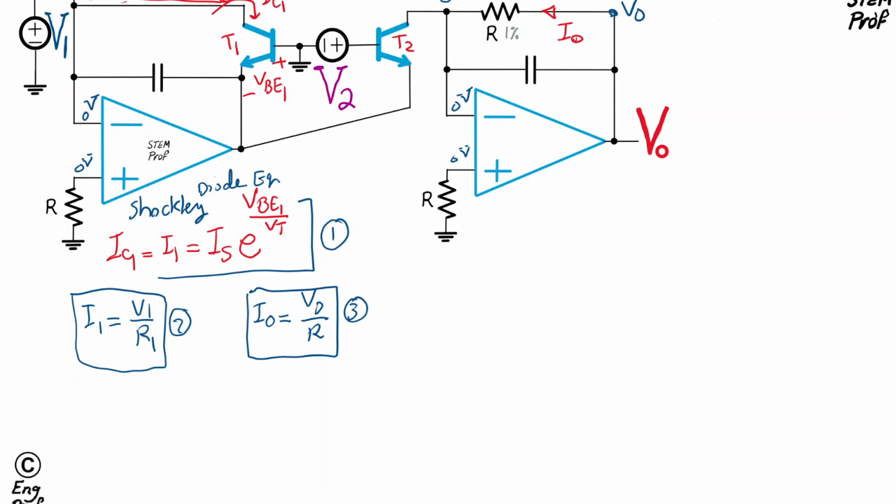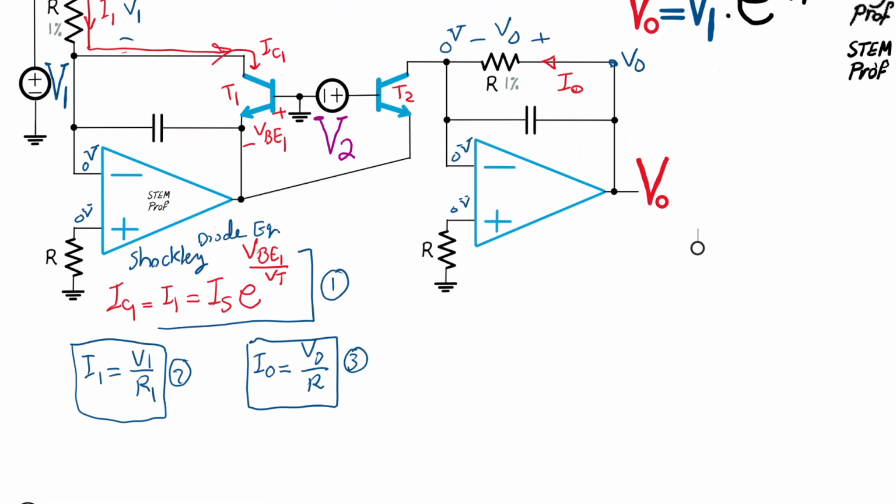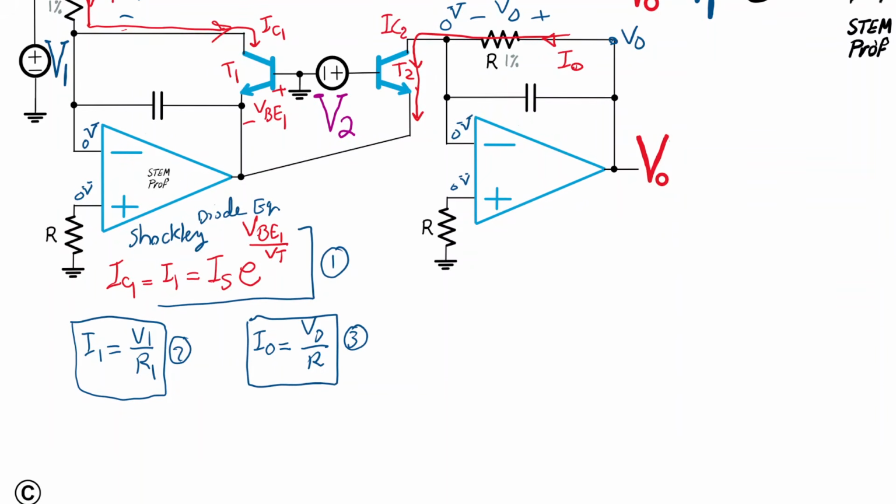And the next thing I can write is, as happened for current I1, we can also say this I out can only go through the collector of T2 and downward, and becomes effectively roughly the current of emitter. So that is IC2 as well. I can use the Shockley diode equation for that transistor as well.